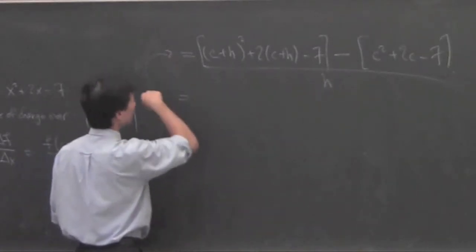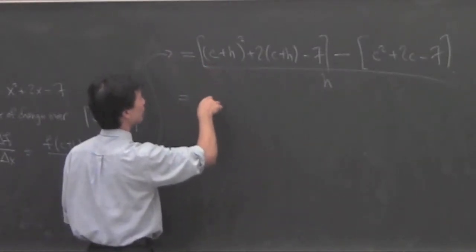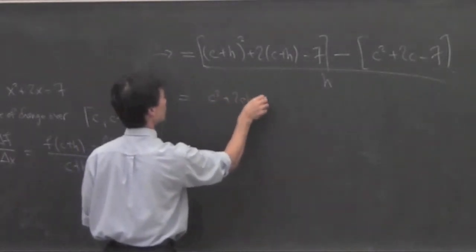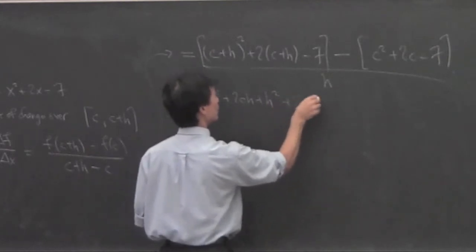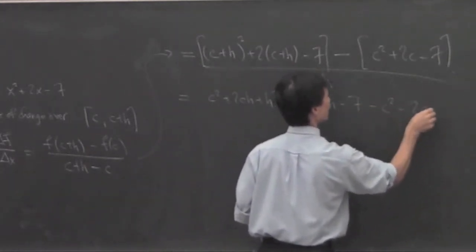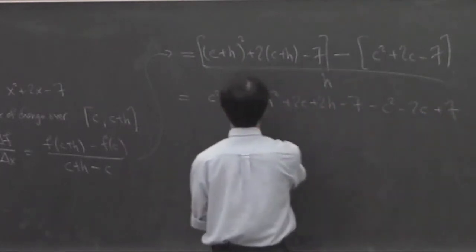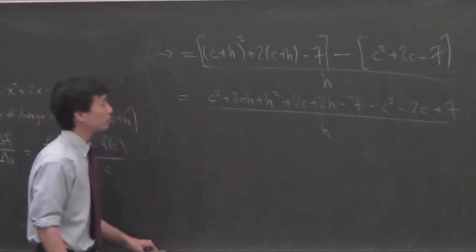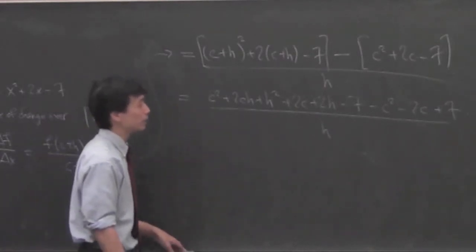Using your pre-calculus knowledge, you get C squared plus 2CH plus H squared plus 2C plus 2H minus 7 minus C squared minus 2C plus 7, over H. And then some cancellation occurs.